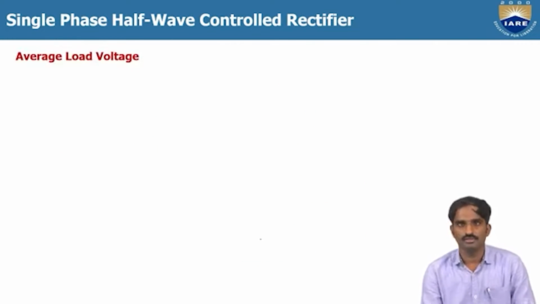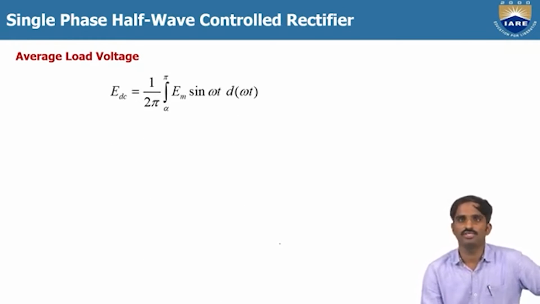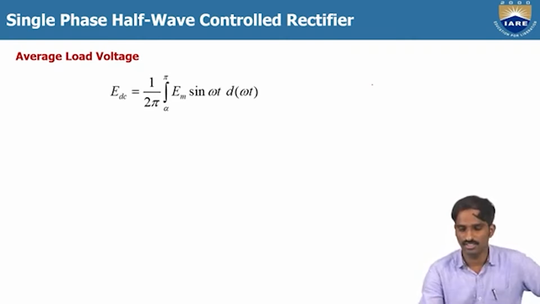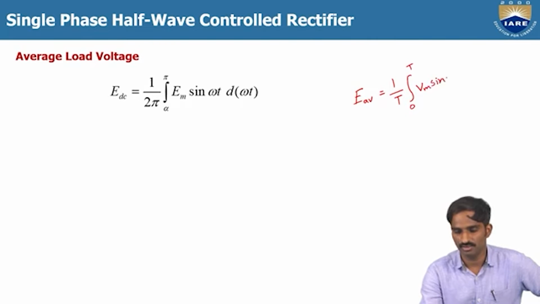So as we know how to find the average value of the sine wave, the general formula I am writing here: let me consider E average, which is equal to 1 by T integral 0 to T, because the sine wave that we are representing is Vm sin omega t into d omega t.